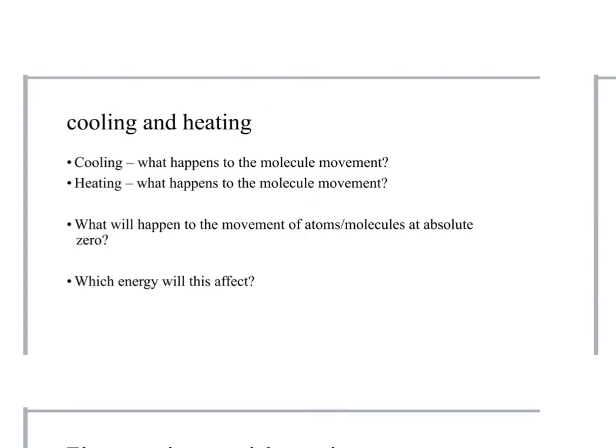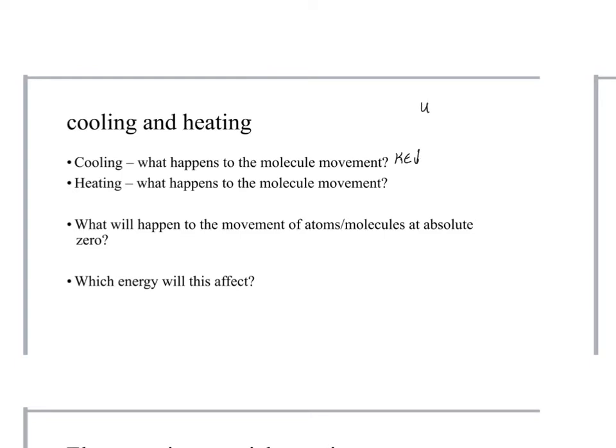Okay, so what happens when I cool a substance or a system, or water, anything that it could be? The molecule movement will slow down. And obviously, since you have slower moving molecules or particles or atoms, your kinetic energy of the system gets less.